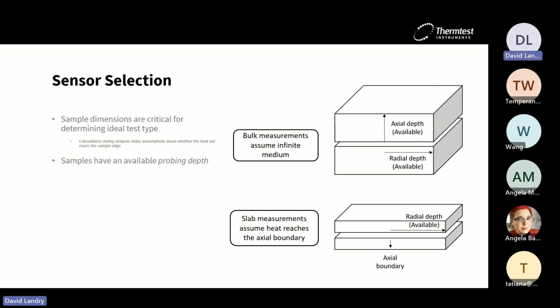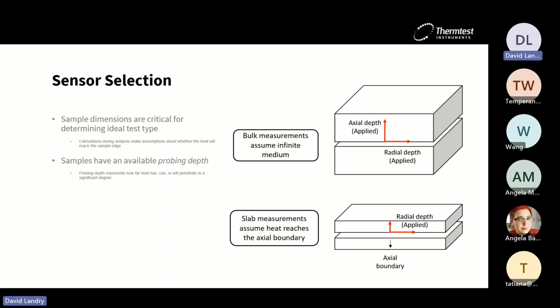In addition to the available probing depth, there's an applied probing depth, which is how far the heat has significantly penetrated from a test. And this will depend on the test duration. As you can imagine, as you let the sensor heat things, the heat will travel further.